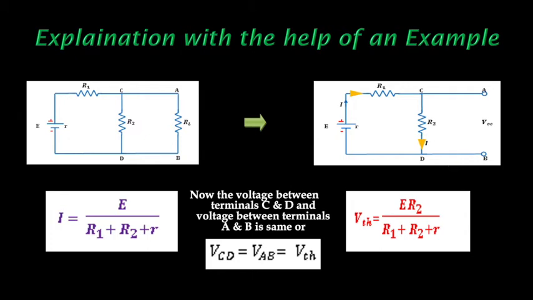So we can write VCD equals VAB equals VTH. VCD can be calculated through either of the two parallel paths. VCD equals I into R2, where I equals E by R1 plus R2 plus r. So this is VTH.